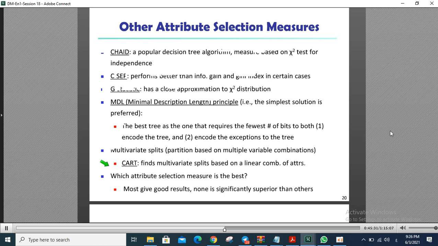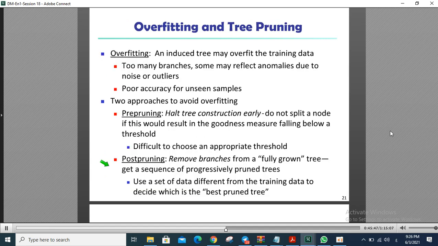Generally, I cannot say there is significant difference between them. So you can choose your measures using try and error methodology.